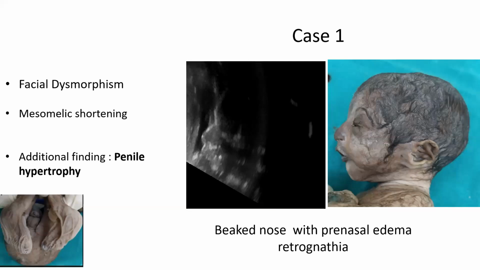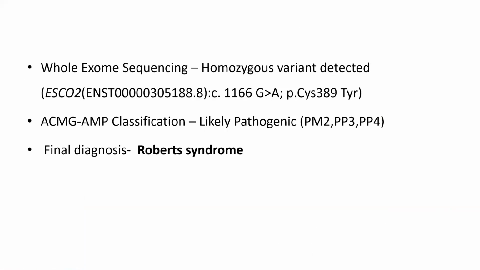There was significant mesomelic shortening, and an additional finding that was noted was penile hypertrophy. With this, the diagnosis of Roberts syndrome was considered strongly, and we did exome sequencing. Whole exome sequencing confirmed the final diagnosis of Roberts syndrome, and a pathogenic variant was detected in the ESCO2 gene. And then the family was counseled accordingly. This is an autosomal recessive disorder.